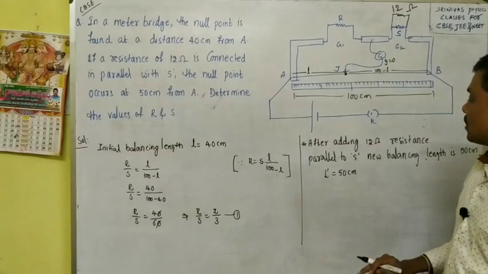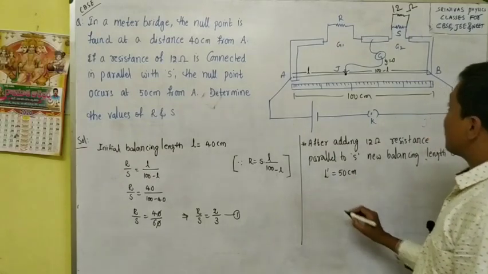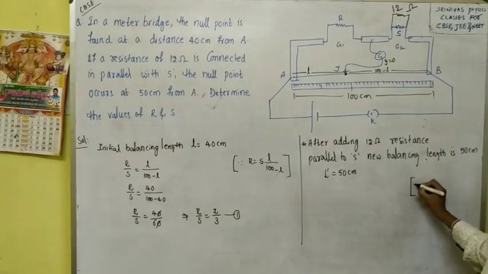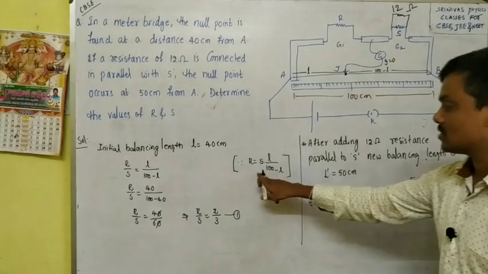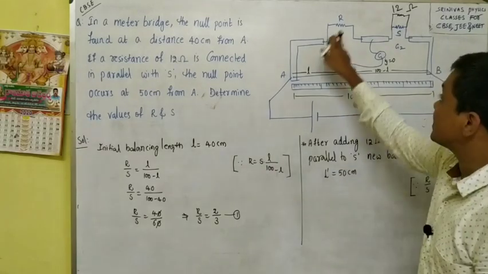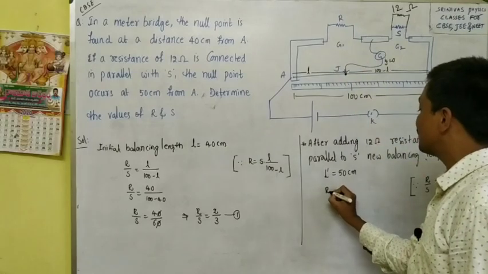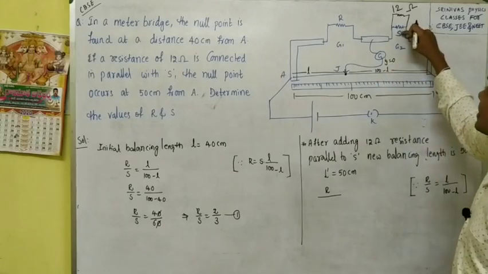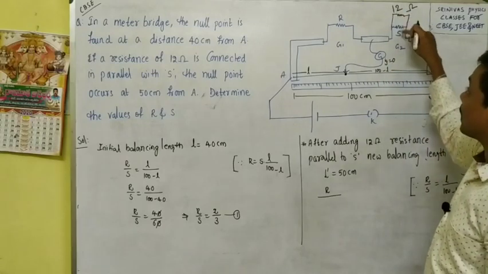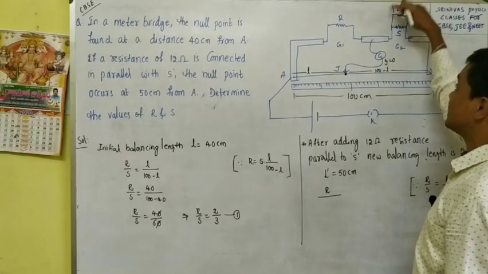Now what happens to the formula? We write the same formula: R by S is equal to L by 100 minus L, so R is equal to S into L by 100 minus L. The left side resistance is R again, no problem. But the right side resistance is not S now. Along with S, the 12 ohm is connected in parallel, so we need the effective resistance on the right side.